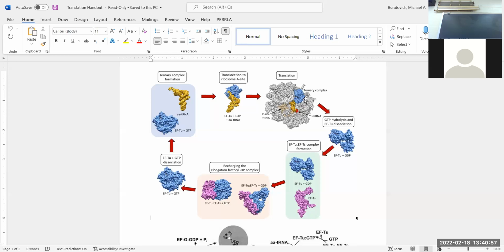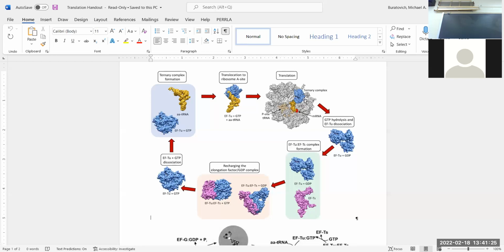The GDP goes into the cytoplasm and it gets recharged by a variety of different enzymes. There's an enzyme that will take an ATP and phosphorylate the GDP and make GTP, so that you regenerate it, essentially.